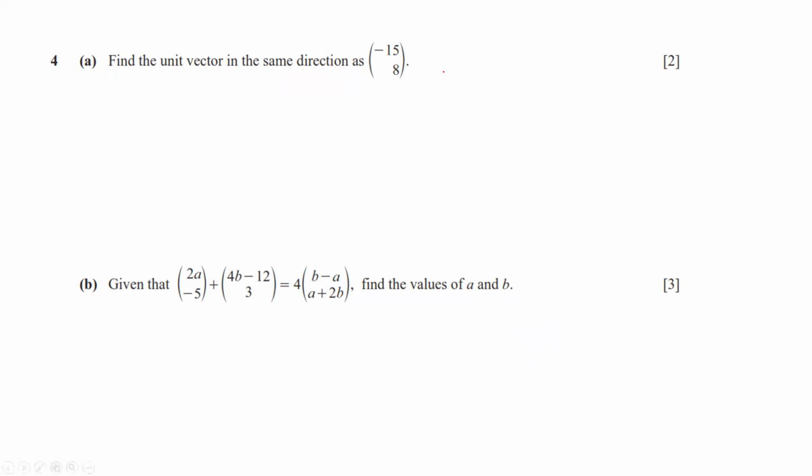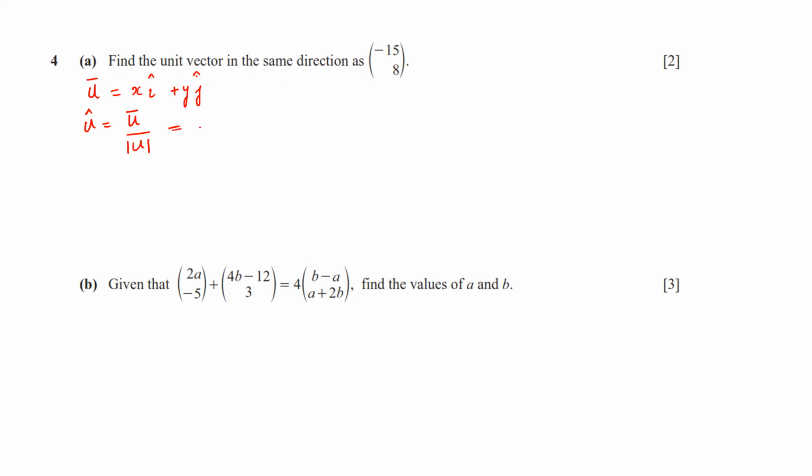So remember, usually we see that a vector, for example, u vector is written as x i hat plus y j hat. So the u unit vector is the u vector divided by the u magnitude.